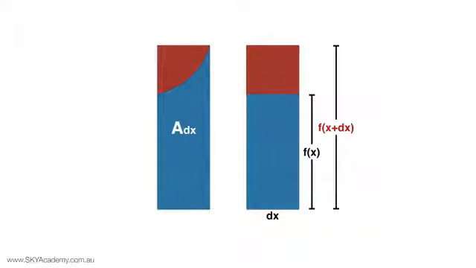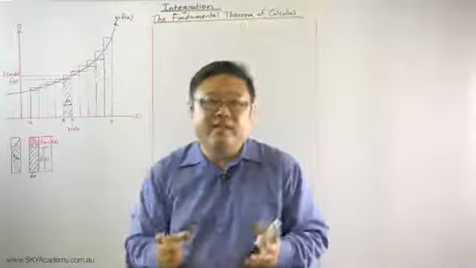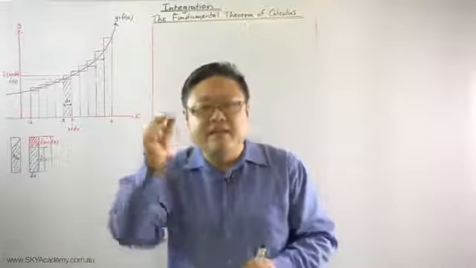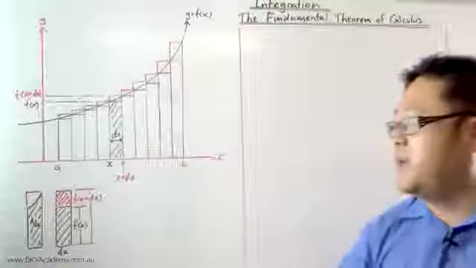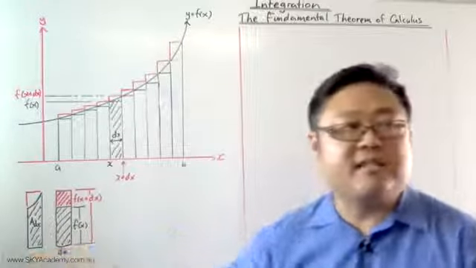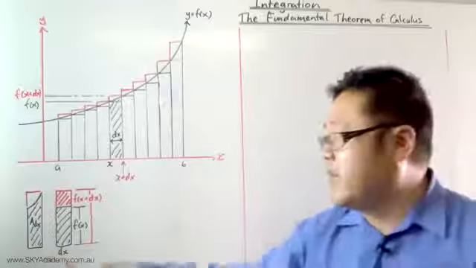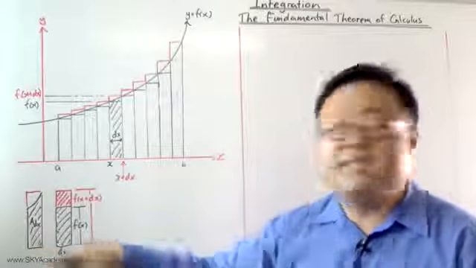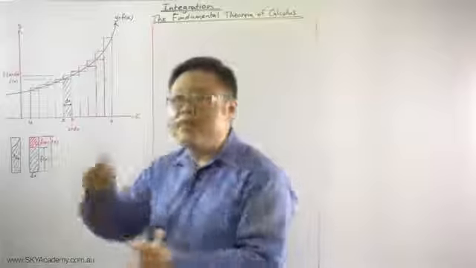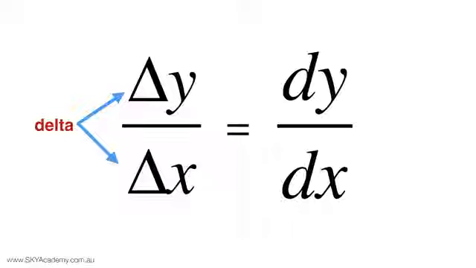The reason I call it A of dx is the width. Now, dx really just stands for a really thin slice of width along the x-axis. D stands for delta. You can even write the Greek letter delta x, you might see that.